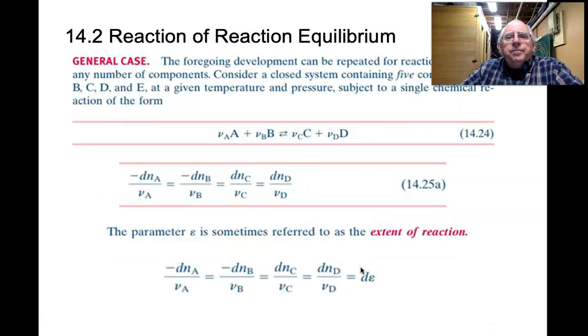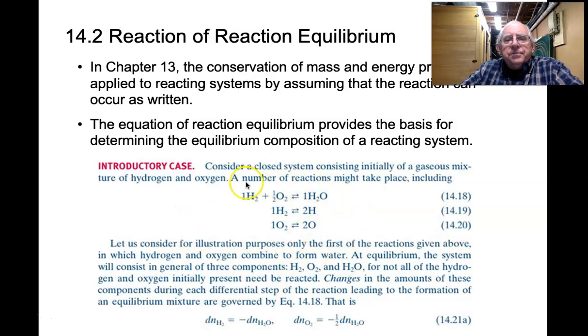And so if we are now interested in the equilibrium of a system that may have, as you see here, 1, 2, 3, 4, 5 different components. But since we only have 2 separate atoms, we can only, from chapter 13, write 1 equation.